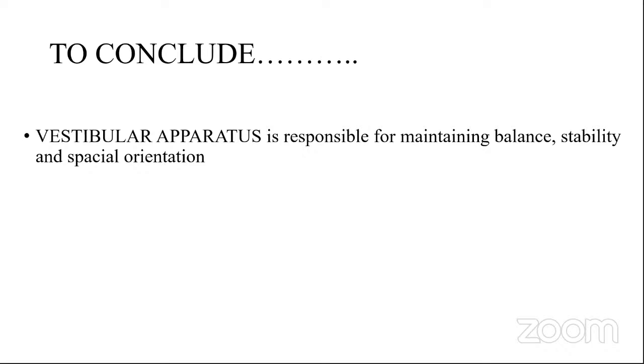If we see nystagmus and the straight line test becoming abnormal, first we suspect a cerebellar lesion. When the cerebellar lesion is excluded, then we test for the other tests, the vestibular function tests, etc. Okay.